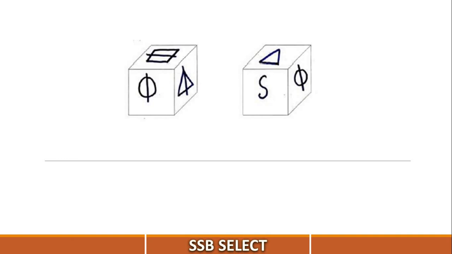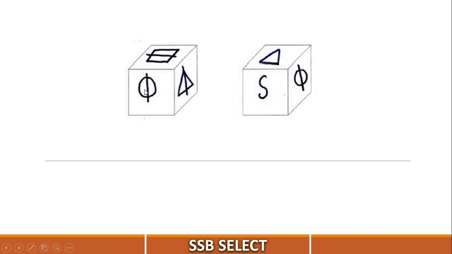Gentlemen, you always have to first find out which figures are common. Now in this question, you can see just one figure is common. This kind of question is a little bit difficult, but not impossible. Now see here, the circle with a vertical line is in the front face, but in the second figure it went to the side face.